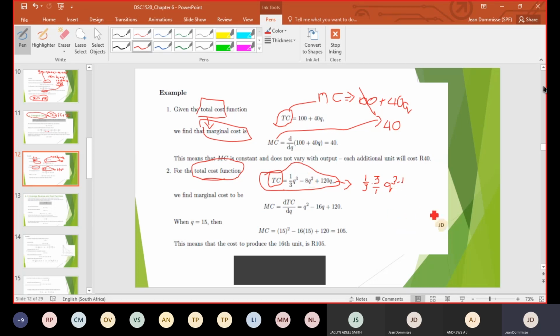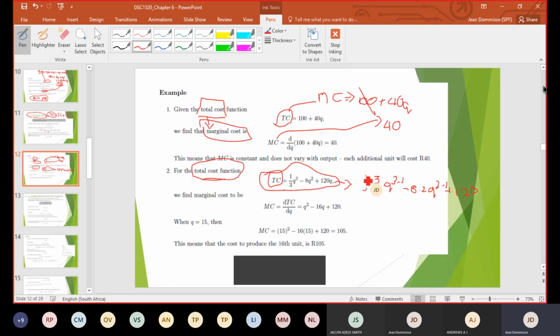Okay, so that one is sorted. We've got the 8. We need to multiply it by the 2. The Q becomes 2 minus 1. And then the last one is plus 120. I'm not going to write the Q^(1-1) anymore, and we don't have any constant, that falls away.